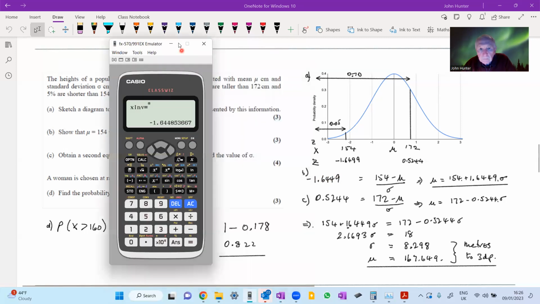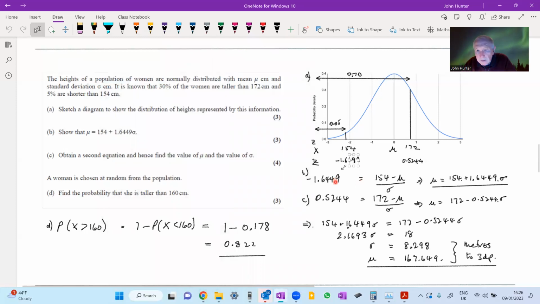Now, if we apply our conversion to get between this and the X value, by subtracting the mean and dividing by the standard deviation, this value here is going to be equal to this Z value here. So X minus mu divided by sigma equals Z. If we rearrange that, we get mu equals 154 plus 1.6449 sigma.